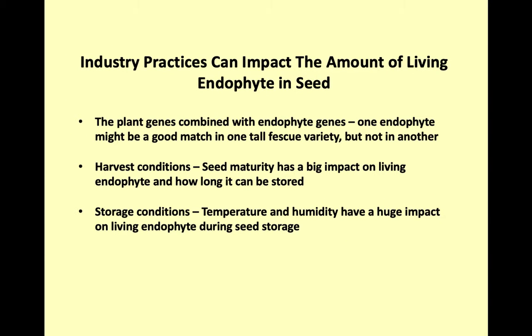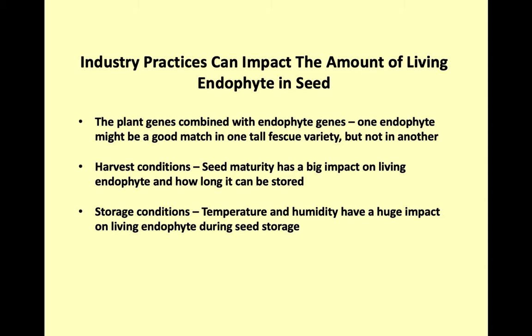Another thing that we found along the development of all these non-toxic endophytes is that not all endophyte and plant combinations are necessarily good. So early on, some of the work that Joe Boughton did found that you could take some of these endophytes and even though they're non-toxic, insert them into a tall fescue plant, and you might only have 30% transmission into the next generation.